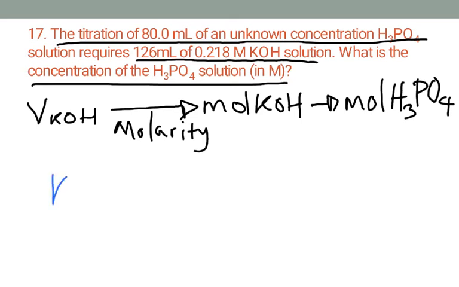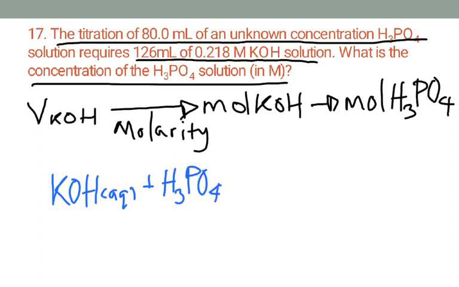So let's write it. So if you have KOH, that's aqueous, plus phosphoric acid, that's aqueous, yields, this is an acid and a base reaction, so it's going to yield salt and water. It's going to yield water.